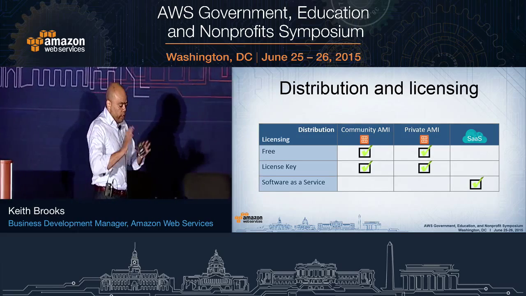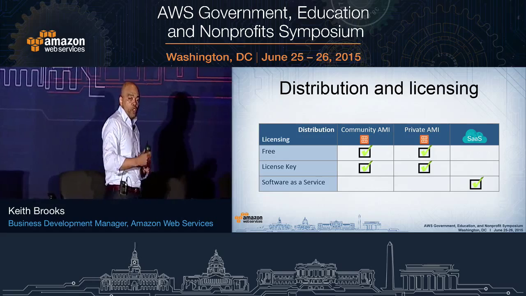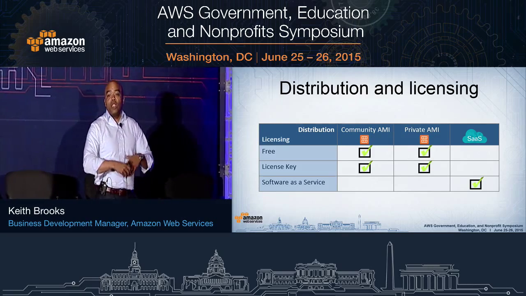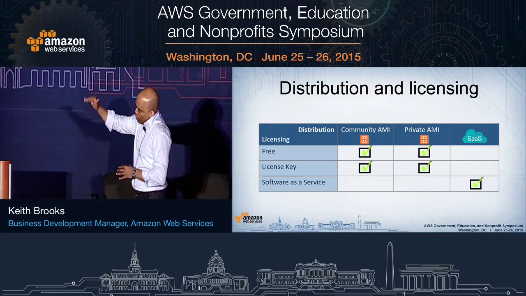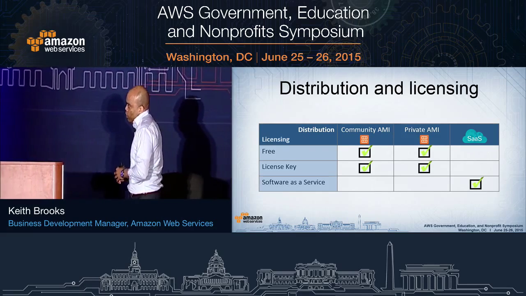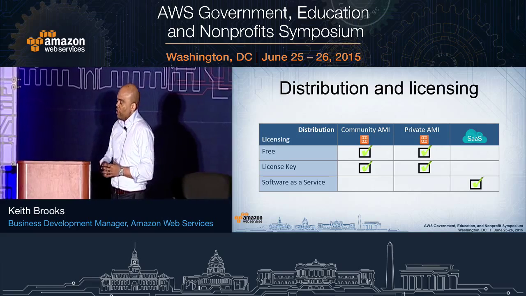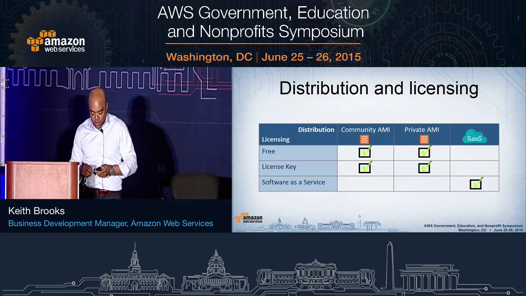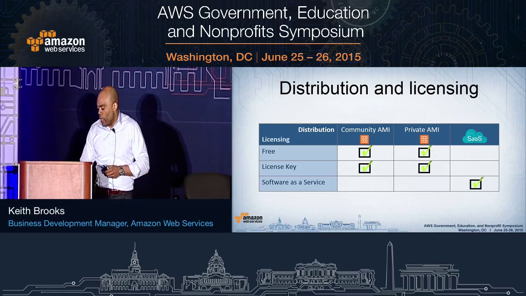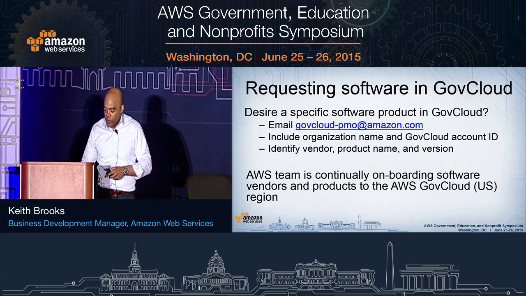So it's totally up to the vendor to choose which distribution method they want to use and what licensing options they want to offer to their end users. But just to show you the matrix and the relationship between the three options from a distribution and licensing perspective, this is typically what we see and advise technology vendors and software companies to use when deploying software in the GovCloud region.